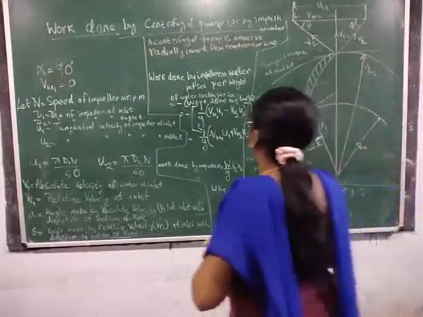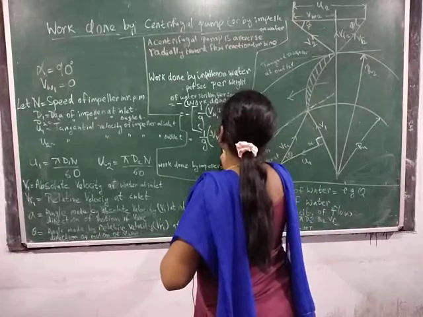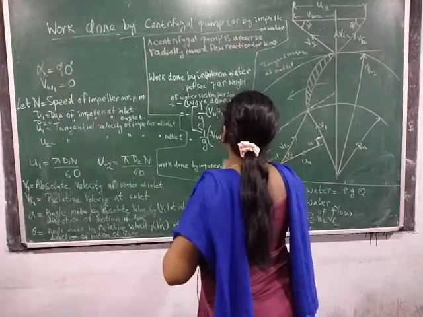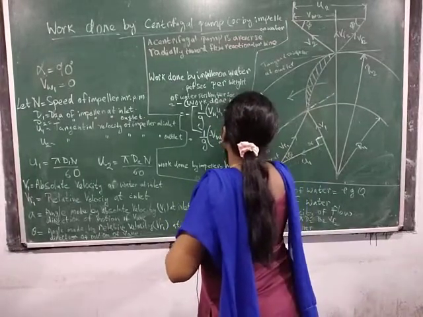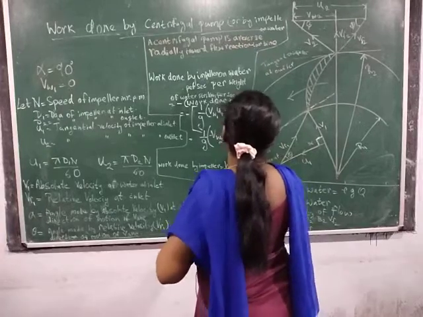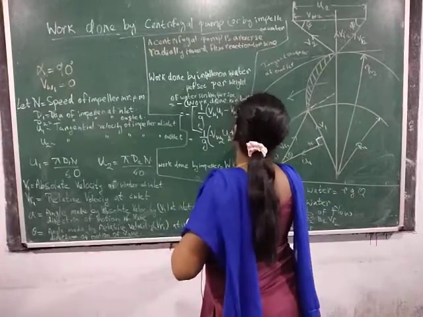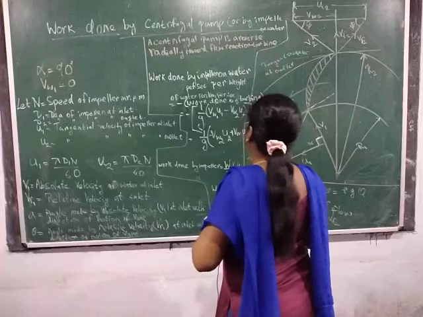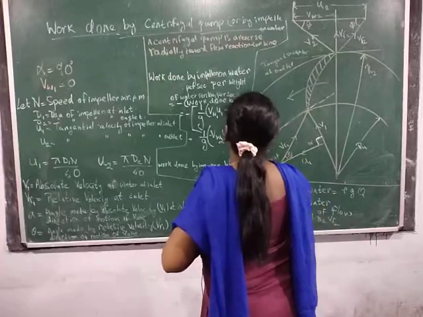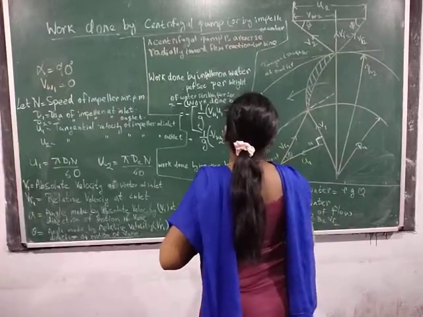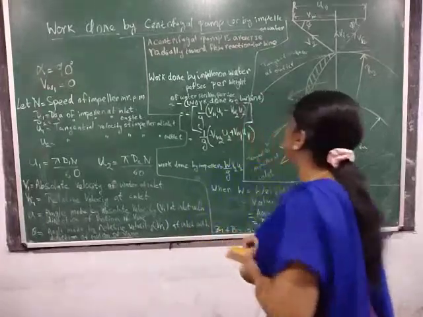So you can write this as 1 by g into Vw2 U2 minus Vw1 U1.